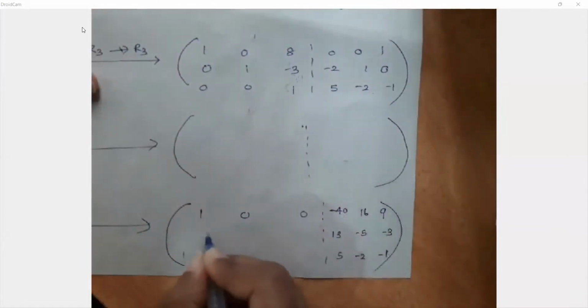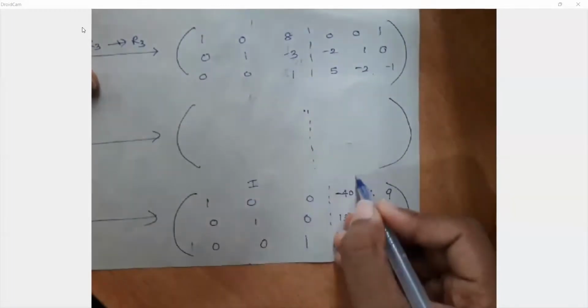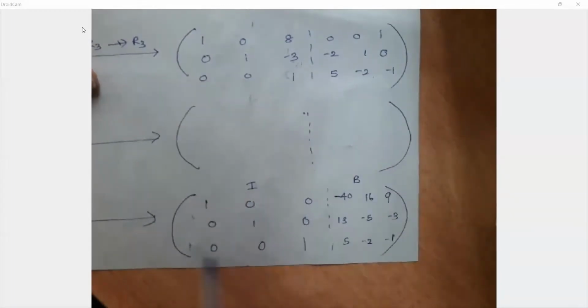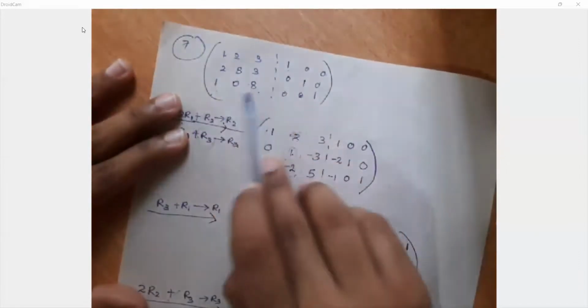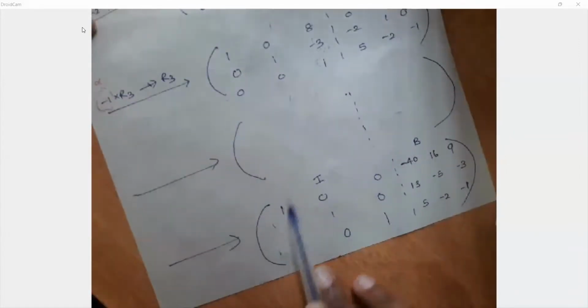So if now we get like this 0, 0, 0, 1, 0, 0, 0, 1. Now this is our A, this is our B. Here, this is the identity matrix. We reduced this A into this I. So we say this A is invertible and A inverse is this one.